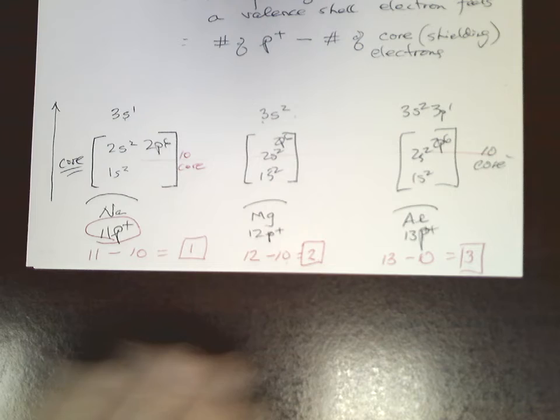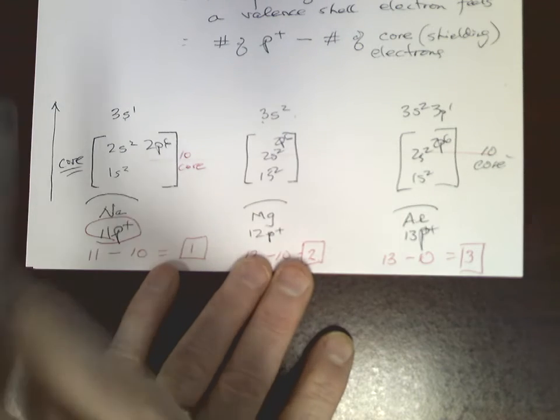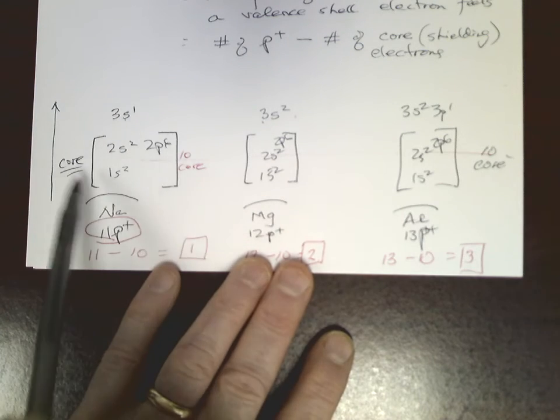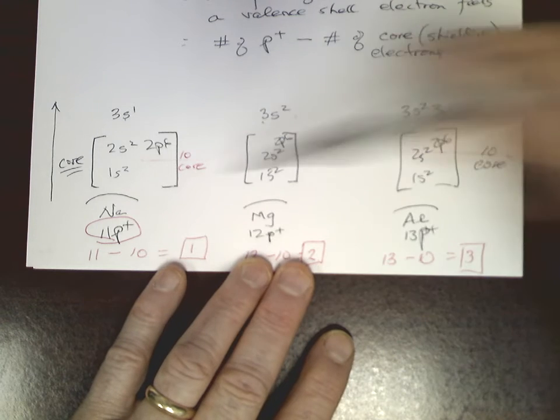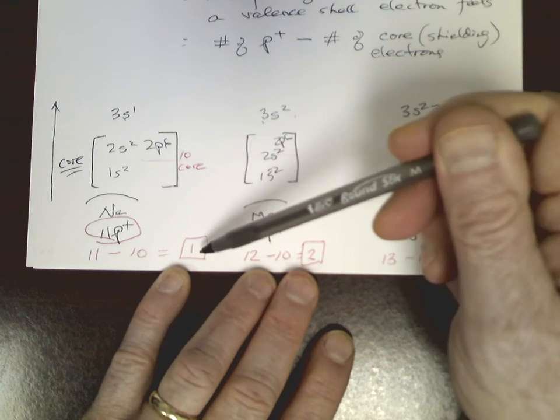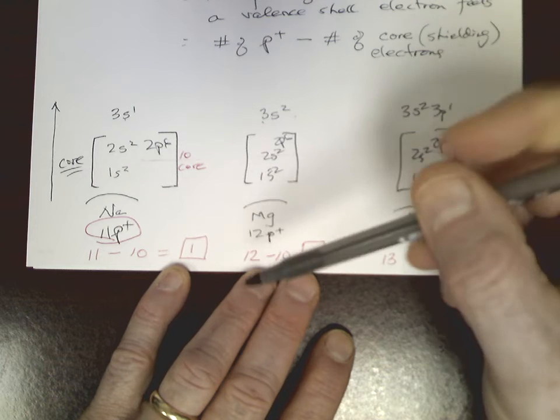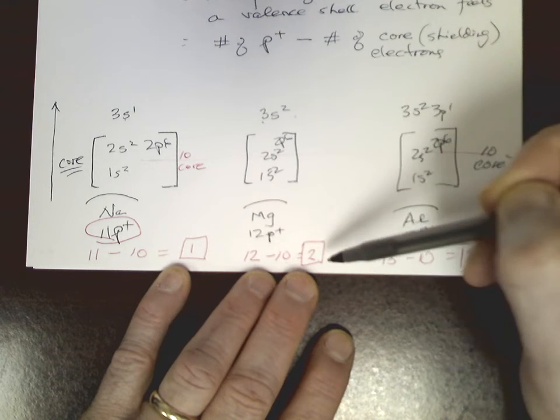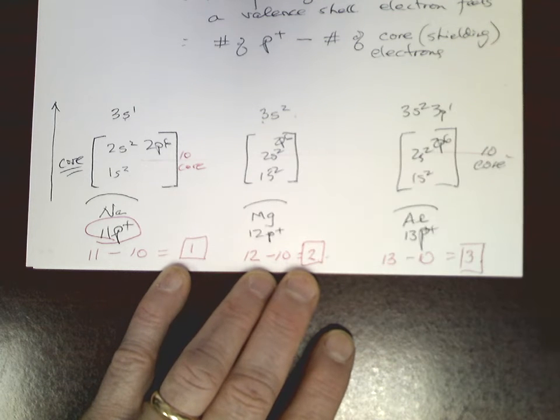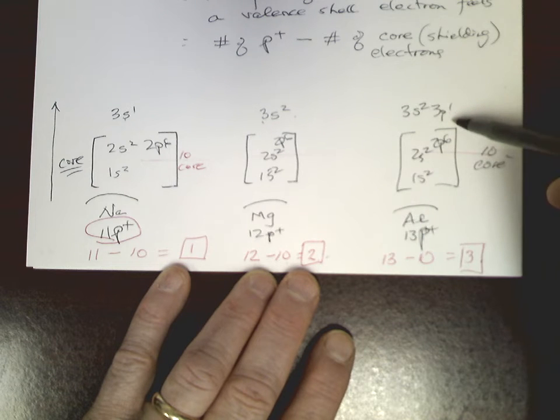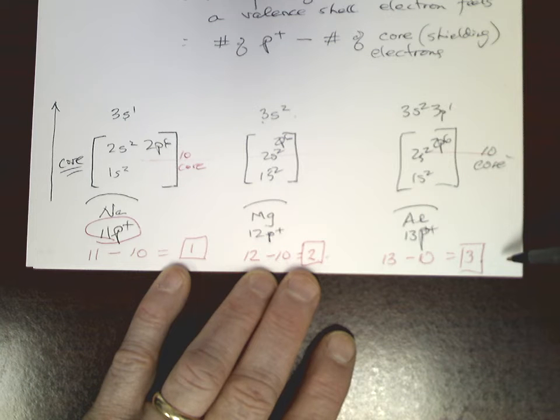So what is actually happening as we're going across this period 3 of the periodic table? The effective nuclear charge is growing. It's going from 1 to 2 to 3. And as we go across, the outer valence electrons are feeling a greater and greater pull of the nucleus.